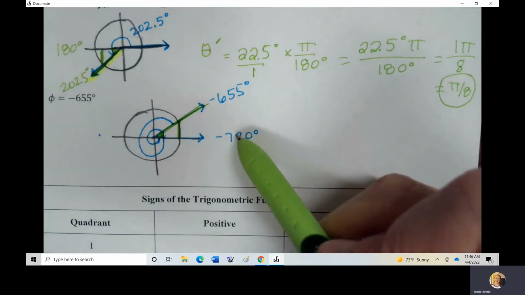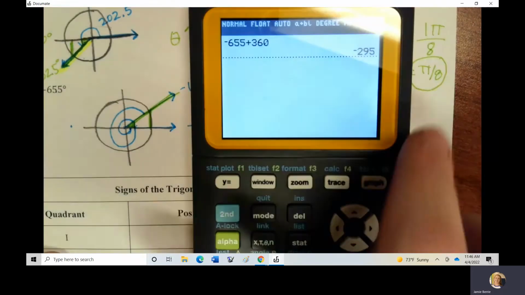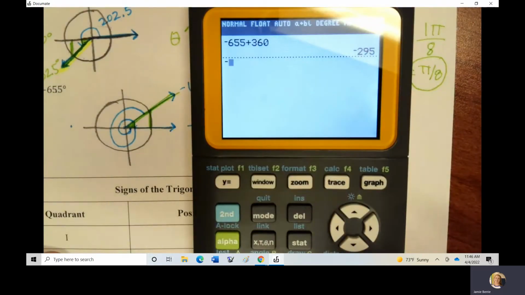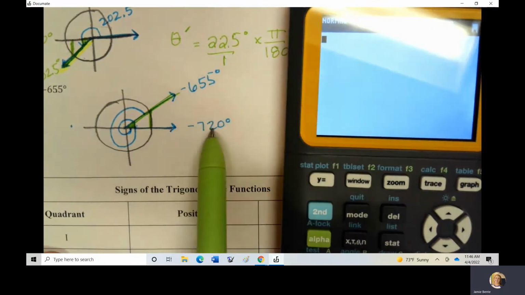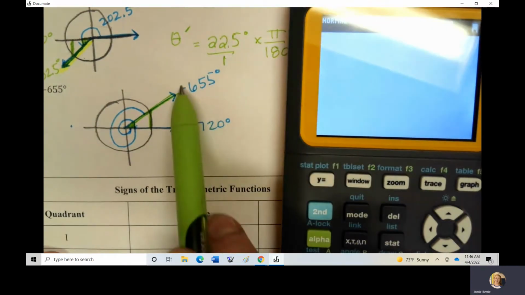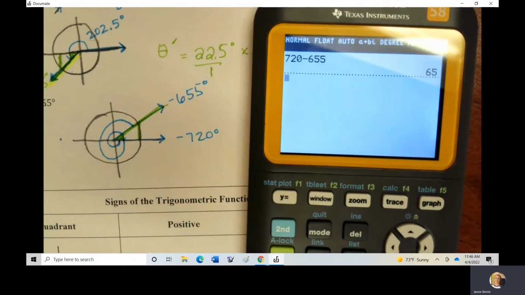So what is the distance between negative 720 and negative 655? Let's see. Negative 720 minus negative 655. Right, 65 degrees. I think I had an extra negative in there. When I think about it, I just think, forget about the negatives. Just say 720 minus 655.